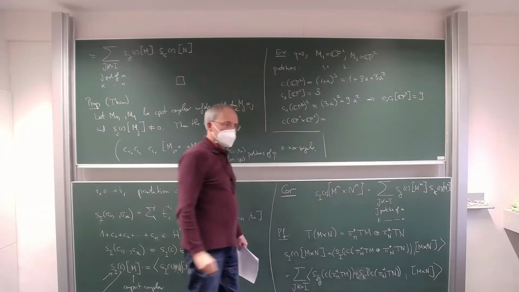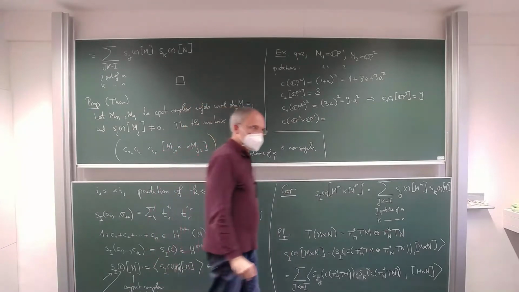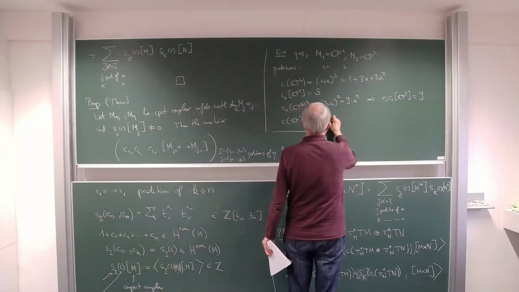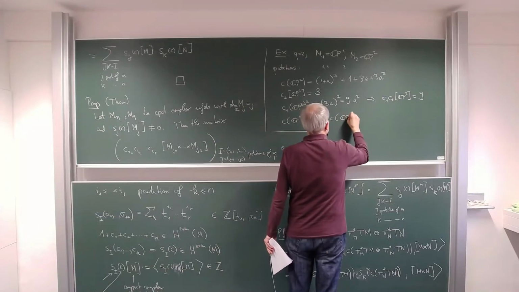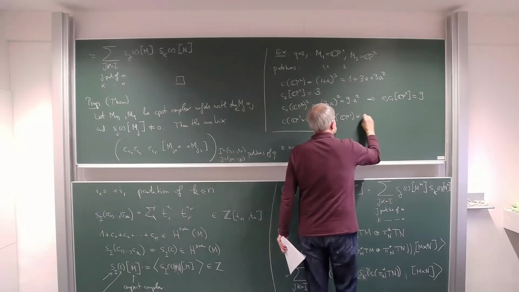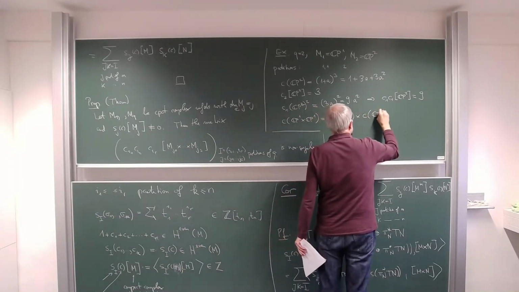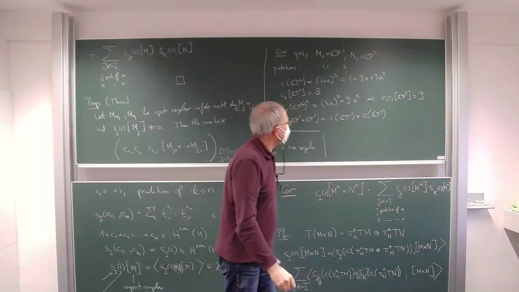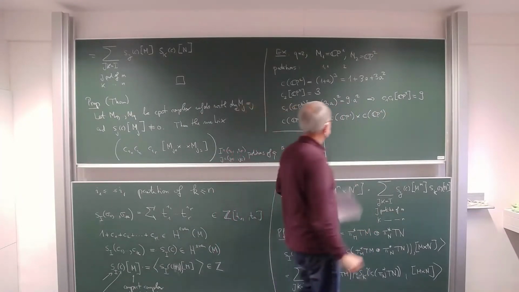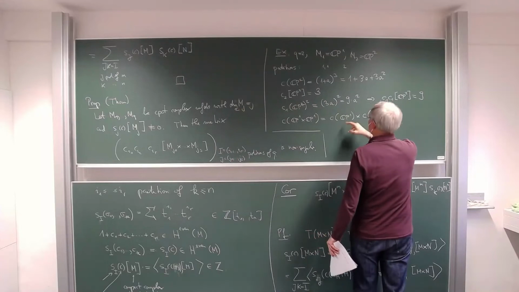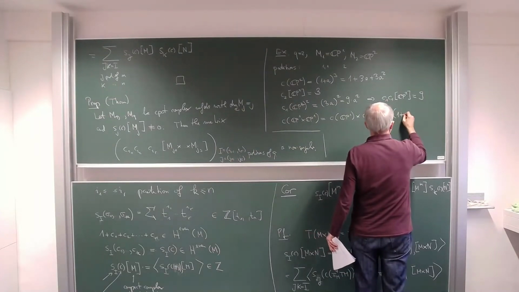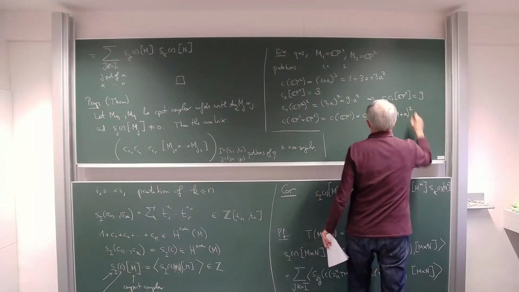We know how the Chern class behaves under Cartesian products from the exercises. That is CP1 Cartesian product with CP1. And so this one is given as (1 + A)^2 now.